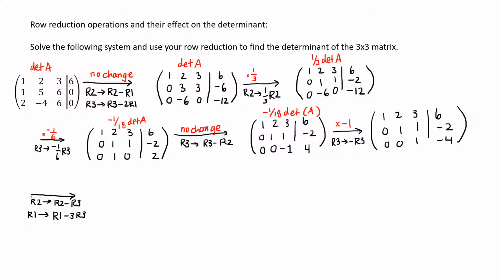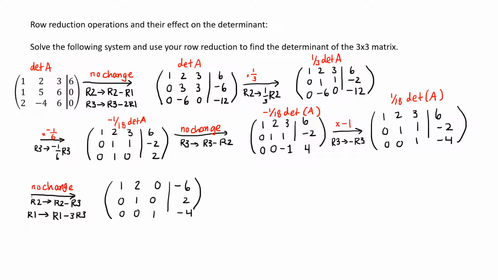Okay, so we're going to replace row 2 with row 2 minus row 3 and row 1 with row 1 minus 3 row 3. No effect on the determinant. Here we had 1/18 the determinant of A. Okay, right.